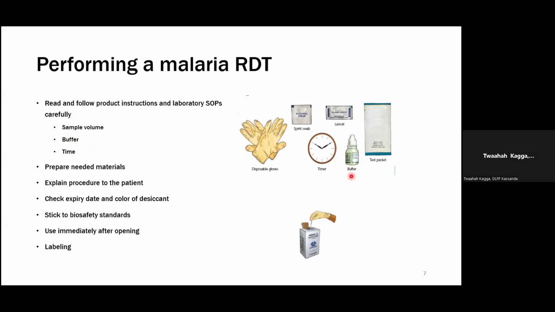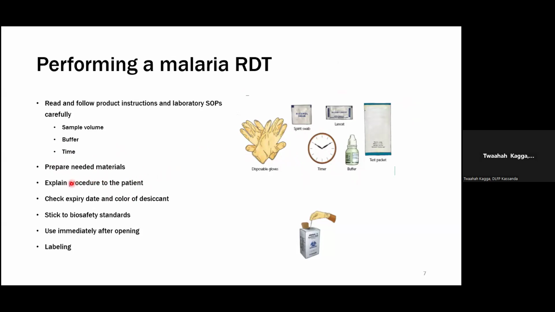We need one buffer per test kit. We should not cross buffers from one test kit and use them for RDTs of another test kit. Then the timing of the test is also very much relevant. Then we need to make sure that the materials we need to conduct the test are there, for example, disposable gloves, swabs, and what have you.